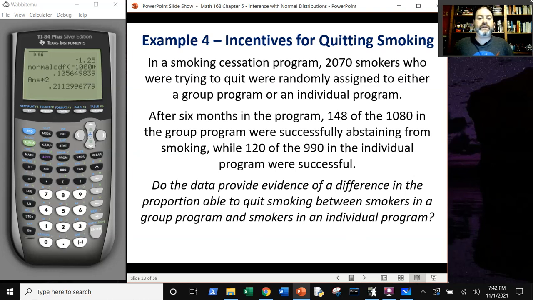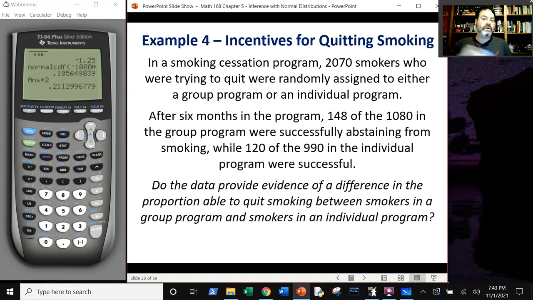Null and alternative hypotheses. Well, as you can see, there's a lot going on here. So we have smokers trying to quit. There are 2 programs. And the response variable is that these people are trying to quit, and so they either quit or they didn't. Our explanatory variable is which group they were in. Are they in the group program or the individual program? And did they quit or not?